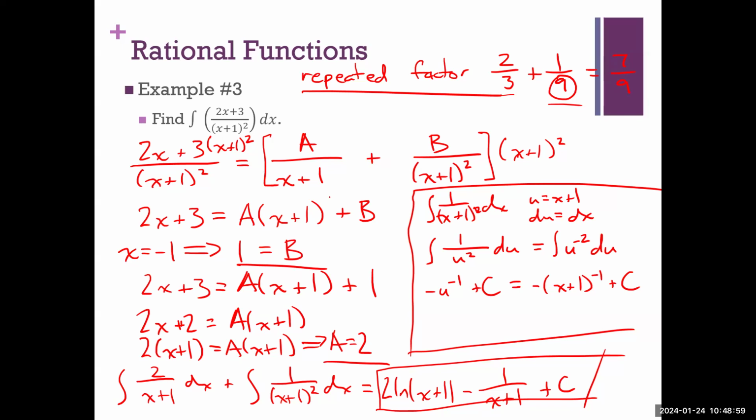What if this was not squared? What if this was to the 6th power? Then how would we have to break that down? How many of these A plus B style terms would there be? There'd be 6, right? I have to represent every power on the way up. Purely hypothetical, I'm not asking for that.